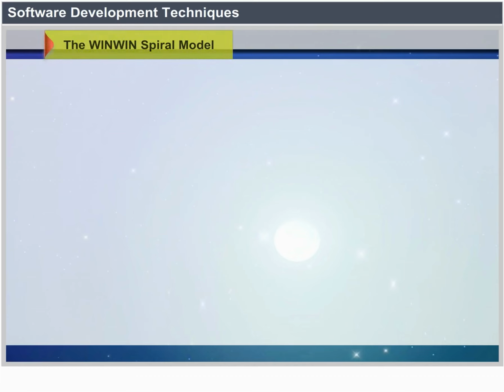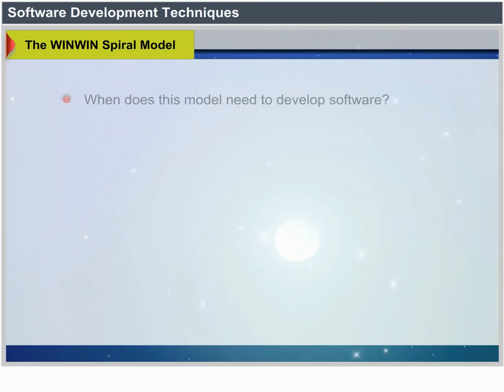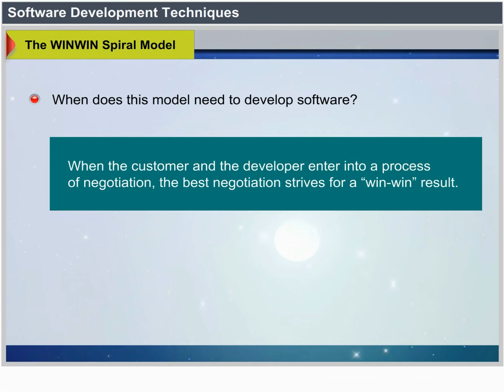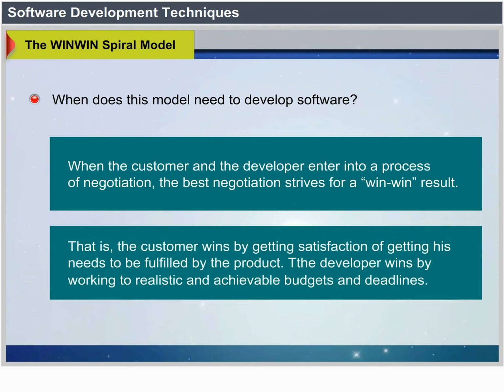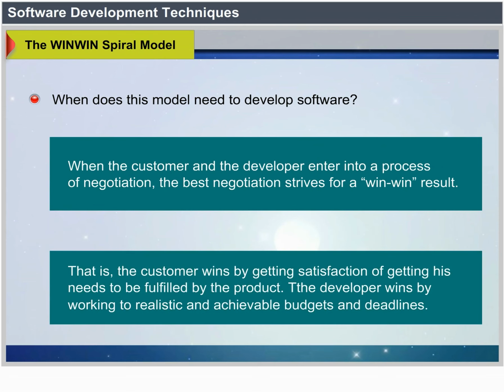The win-win spiral model. When is this model needed to develop a software? When the customer and the developer enter into a process of negotiation, the best negotiations strive for a win-win result. That is, the customer wins by getting the product that satisfies the customer's needs, and the developer wins by working to realistic and achievable budgets and deadlines.